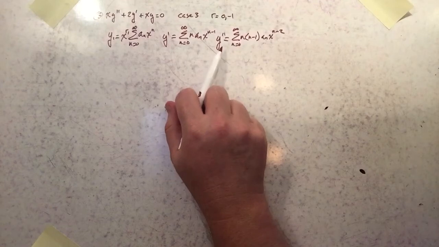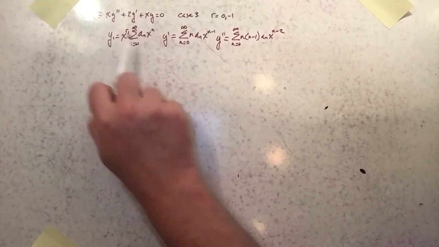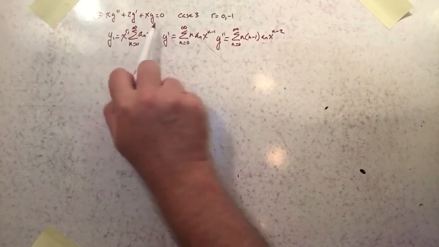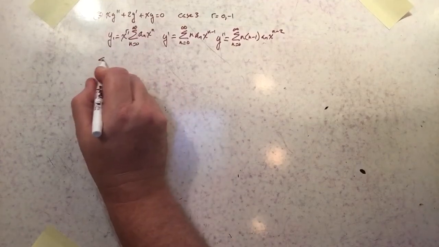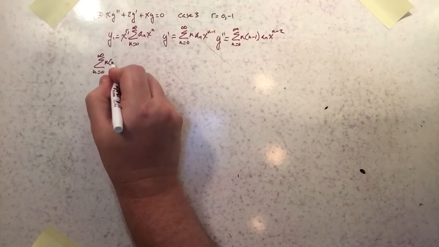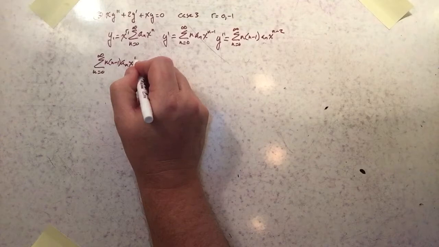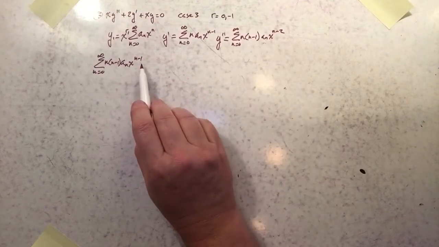Okay, next we're going to substitute. I'm going to put the double prime here, the single prime here, and the original series here, multiplied by their powers of x and 2, and this is what we'll get. The first term is the summation n equals 0 to infinity of n(n-1) a_n x^(n-1), because the x raises the power of n-2 by 1.